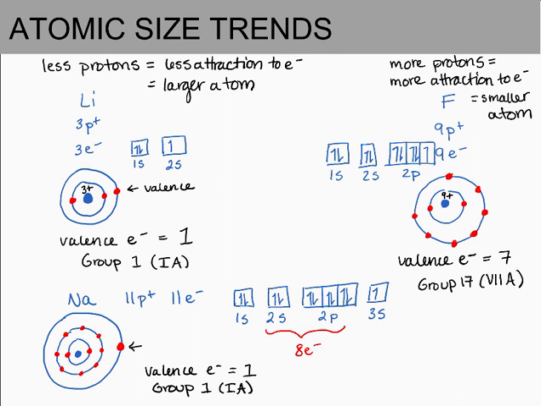So potassium will be bigger than sodium. So as we go down a group, we are increasing electron energy levels. Oh, my pen is freaking out. And so that equals larger atoms.